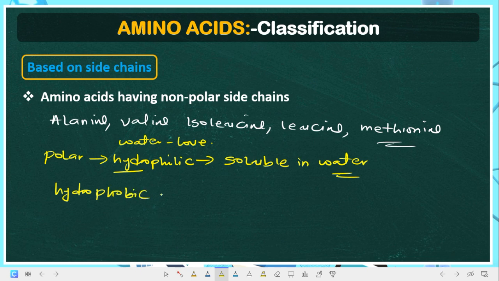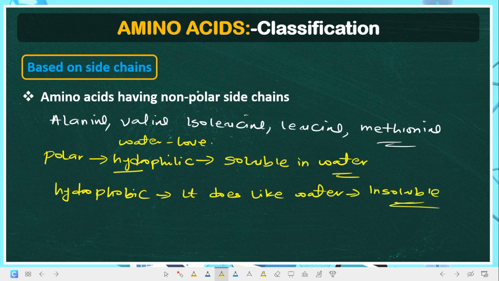When you say something is hydrophobic, it means it does not like water, and it is insoluble in water. So all non-polar amino acids are hydrophobic. They don't dissolve in water. An example is everything that is listed here.